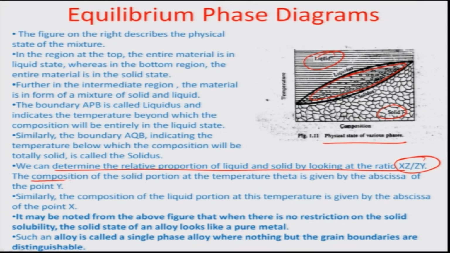So, the composition of the solid portion at the temperature theta is given by the abscissa of the point y. Similarly, the composition of the liquid portion at this temperature is given by the abscissa of the point x.